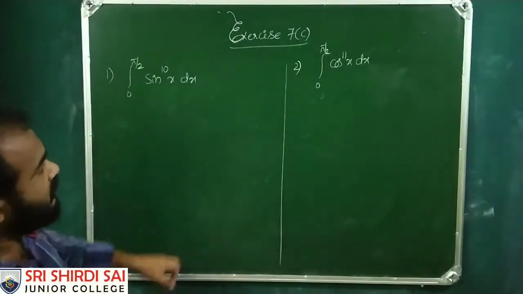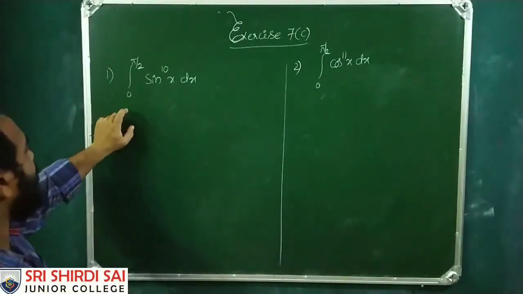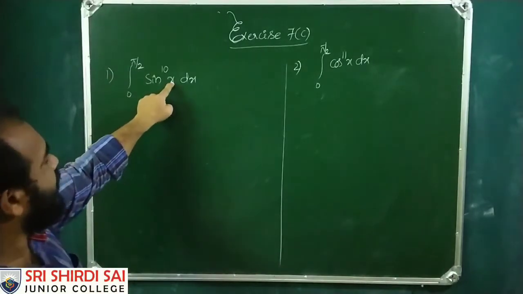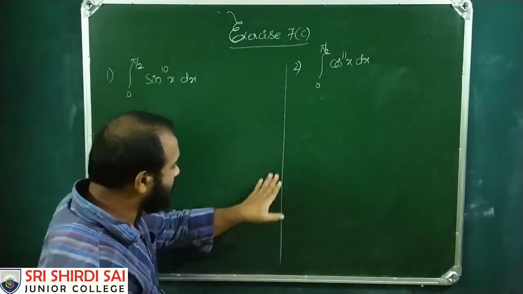Now let us discuss exercise 7c. The first 2 problems are integral 0 to pi by 2 of sin power 10 x dx and integral 0 to pi by 2 of cos power 11 x dx. So we have a formula.